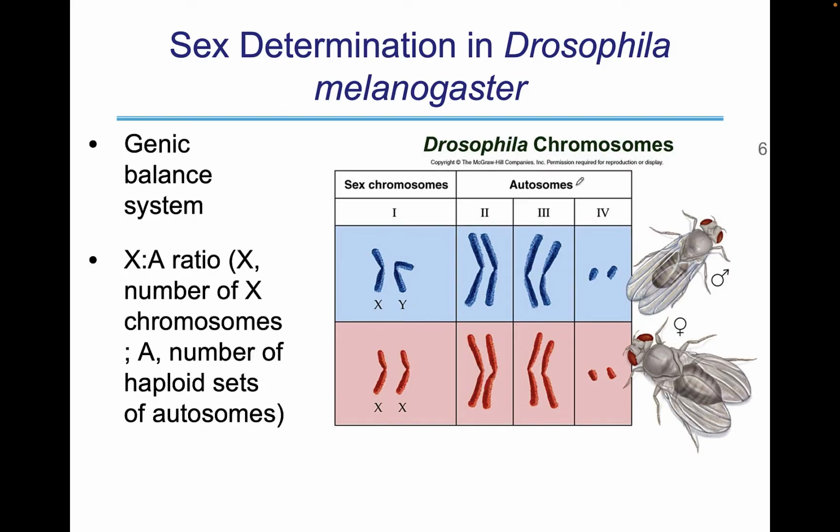However, as science progressed and they began to study this more, new evidence indicated that the genes on the X chromosomes are the primary sex determinant. The influence of the number of sets of autosomes on sex is an indirect effect, and it affects the timing of developmental events, and therefore how long sex determining genes on X chromosomes are active.